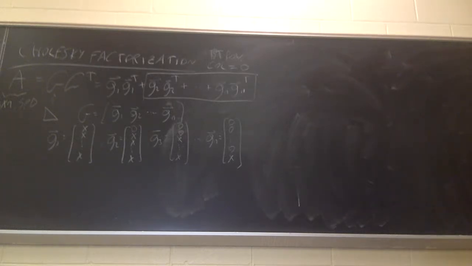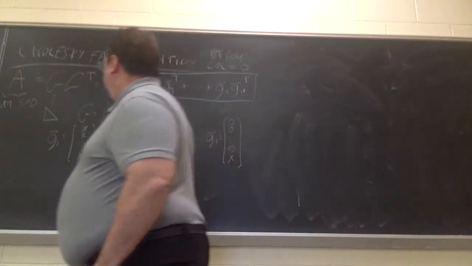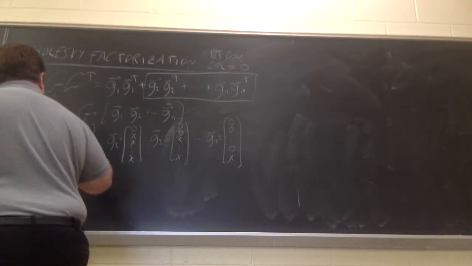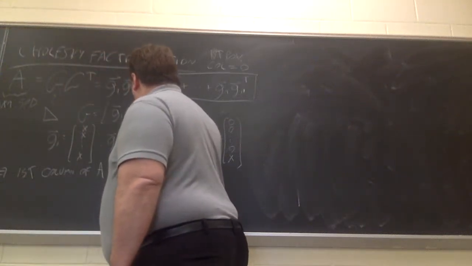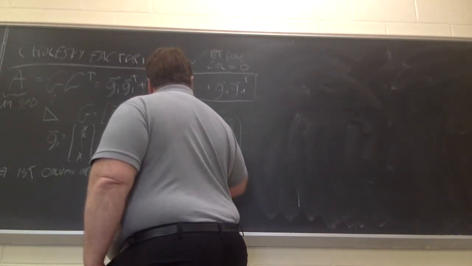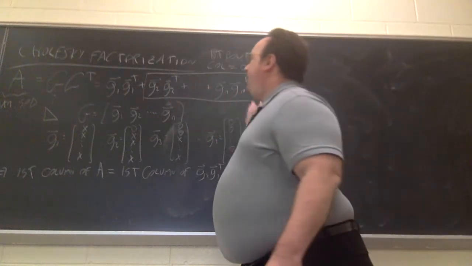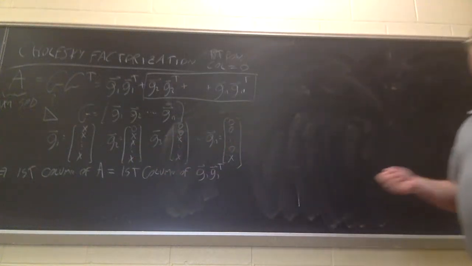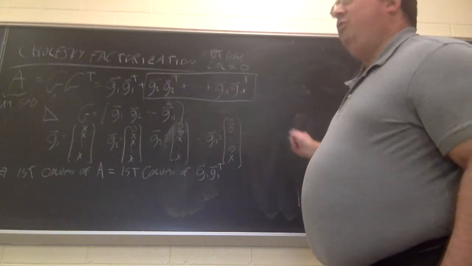So a consequence of that is the first column of A has to equal the first column of G1 G1 transpose. Okay. Because nothing else here can possibly make any contribution to the first column of A due to being entirely 0 there.